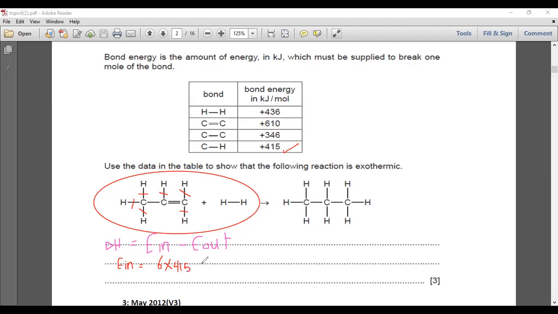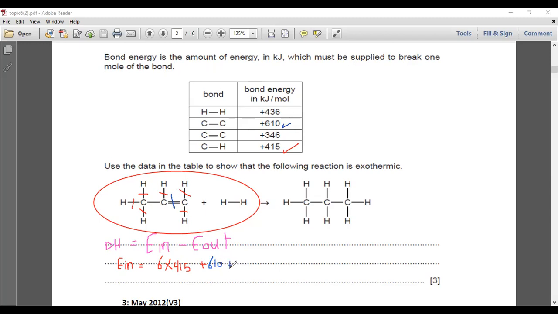Do you have any bond else in this compound? Yes, we have C double bond C. So I will also add C double bond C. What is the value of C double bond C? 612. So plus 612.